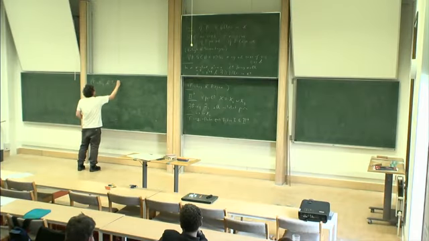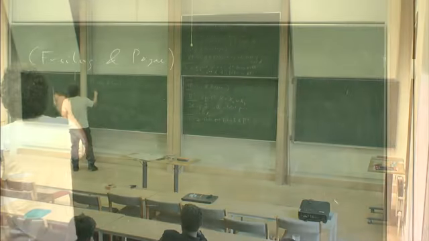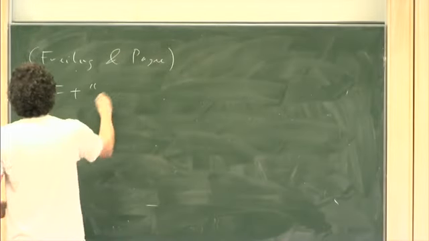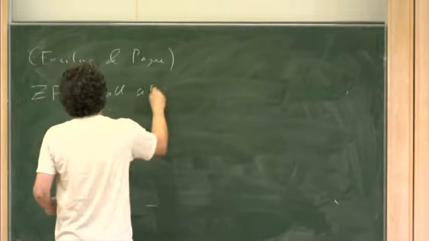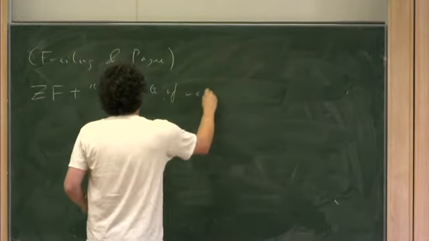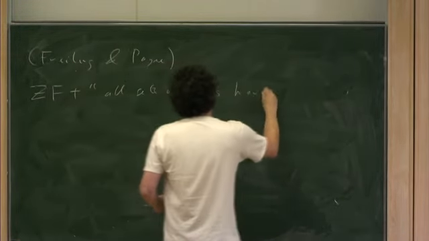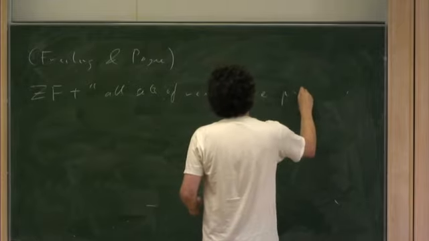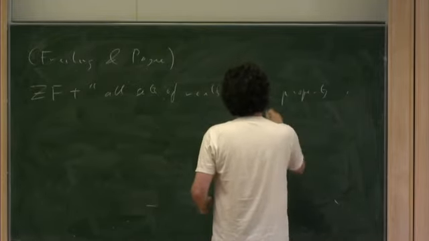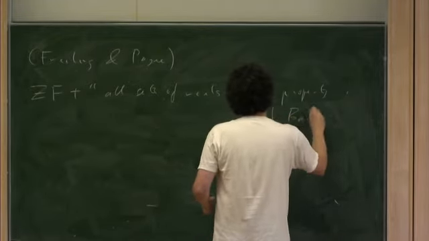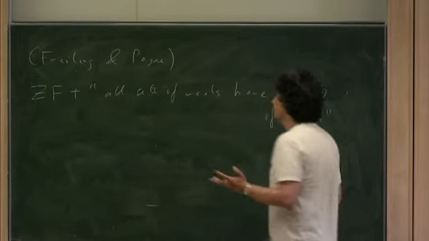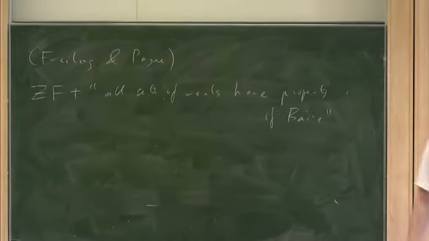So, one, if you have ZF plus all sets of reals have the property of Baire, so certainly a consistent assumption, not an outrageous assumption.